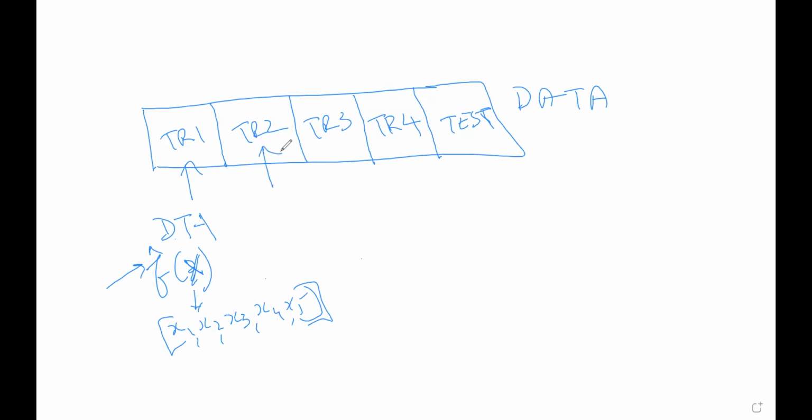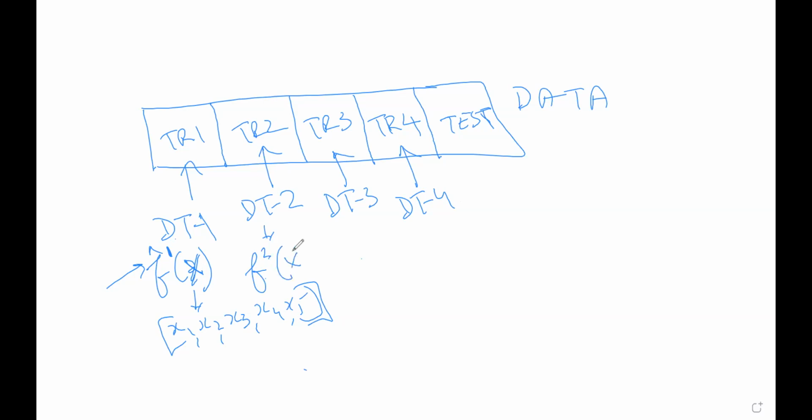Similarly, I estimate the structure of the decision tree on training data 2. Similarly, on training data 3. Similarly, I do it for training data 4. So how many decision trees do I have? 4. Perfect. Now I'm going to call this f cap x1, and you must remember this notation.